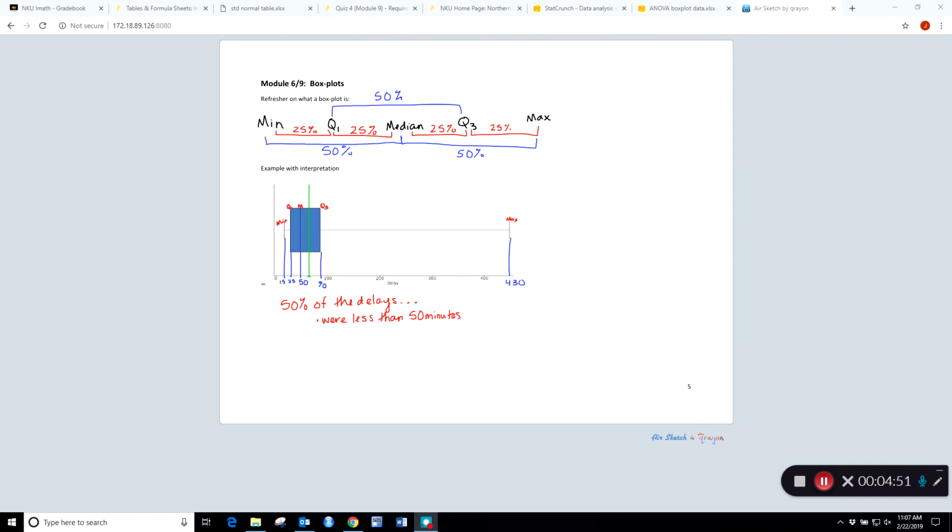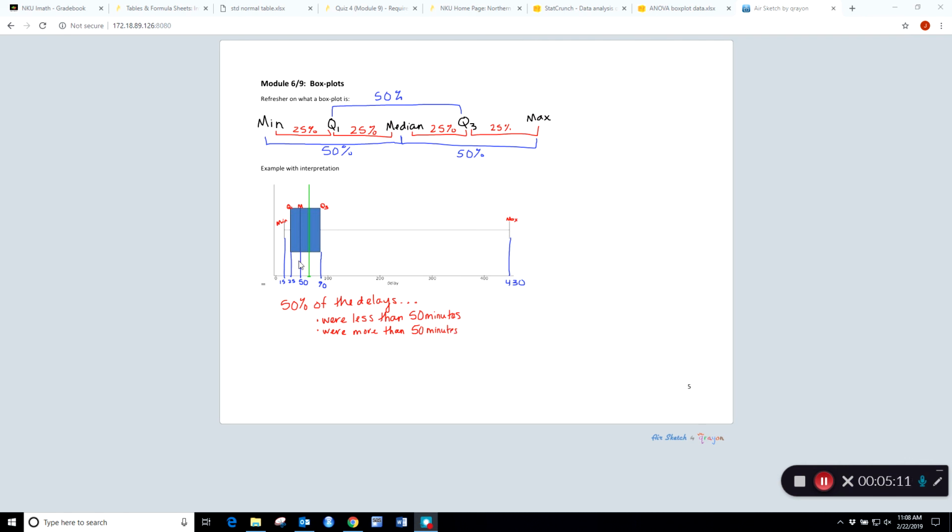So half of the delays are less than that. I could also say that 50% were more than that value, and that would also be true because the median has half of the data on either side of it.